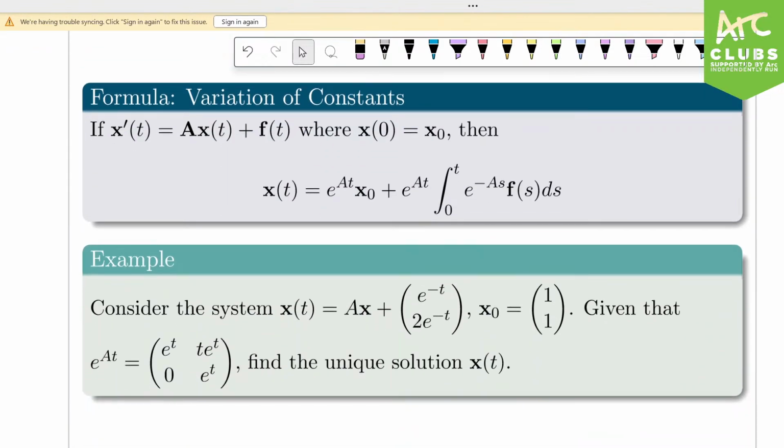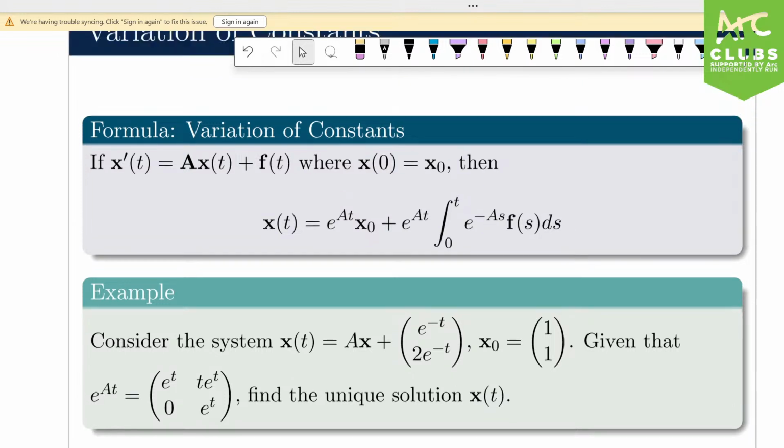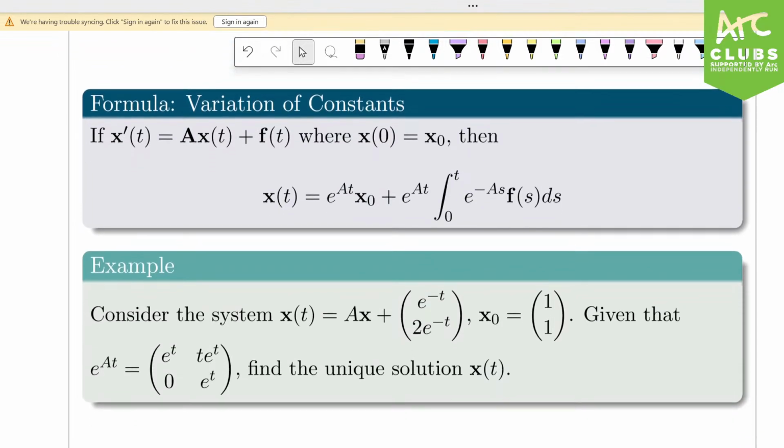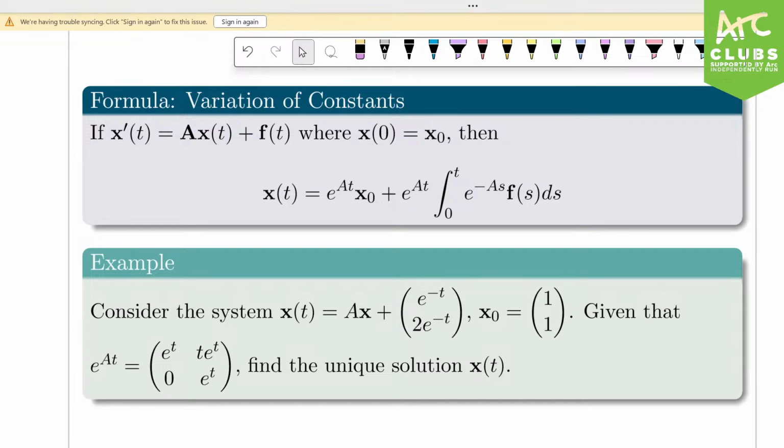We're going to really quickly look at an example because it's good to see this in practice. So if x dash of t is Ax plus some scary vector valued function f, with the initial condition 1, 1, and given that the matrix exponential is this, we want to find the unique solution. We just take this formula.